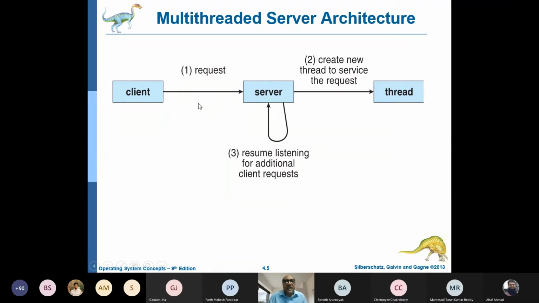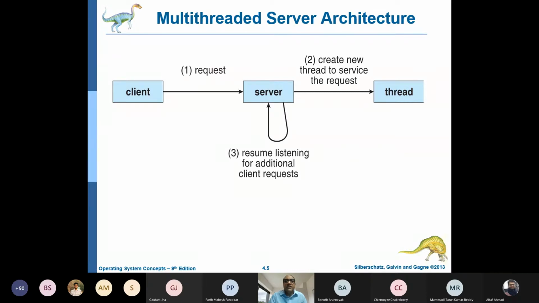So whenever a client request arrives, instead of creating a process, the server can create a thread, and that thread can be allotted to the client request so that it can respond to the client request.